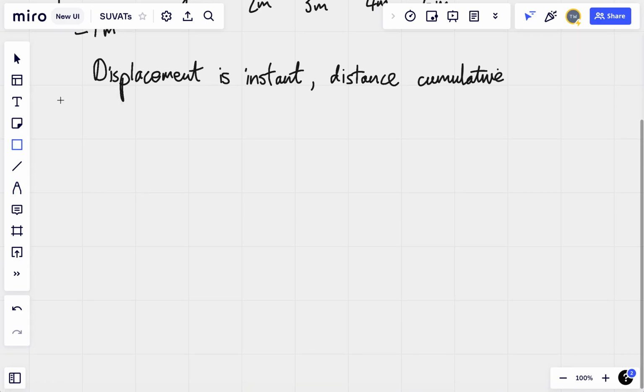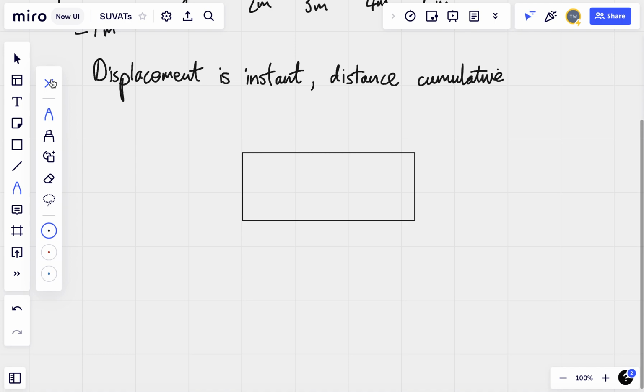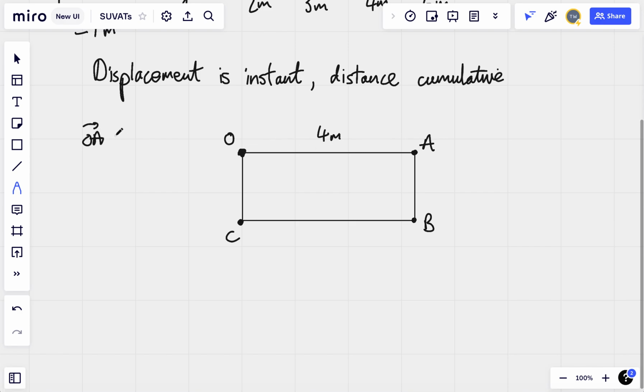If I draw a square or a rectangle, like so, and I label my corners, let's go for this point here is 0. This one I'll call A, this one B, and this one C. And I'm going to say that this length here is 4 meters. So to get from O to A, it's 4 meters. From A to B, it's 3 meters.